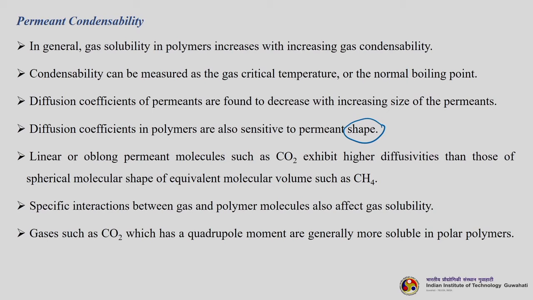A linear or oblong permeate molecule such as carbon dioxide exhibits higher diffusivity than one of spherical molecular shape of equivalent molecular volume such as methane. Specific interactions between gas and polymer molecules also affect gas solubility. Gases such as carbon dioxide, which has a quadrupole moment, are generally more soluble in polar polymers.